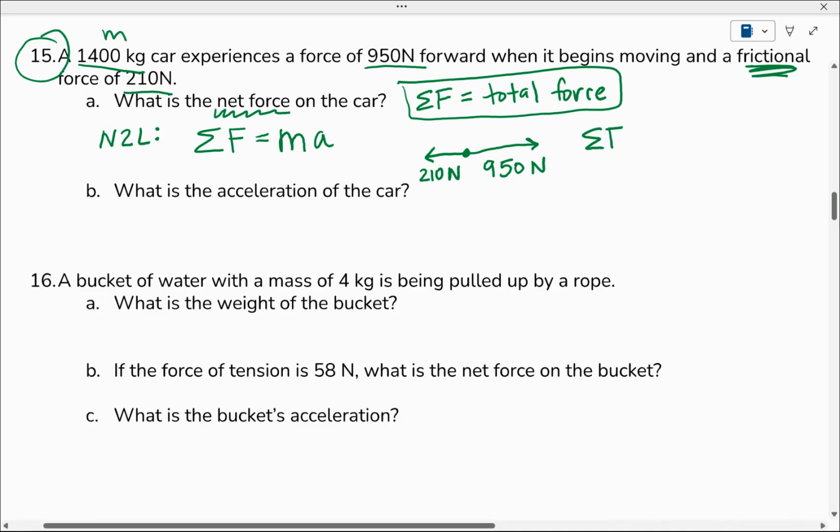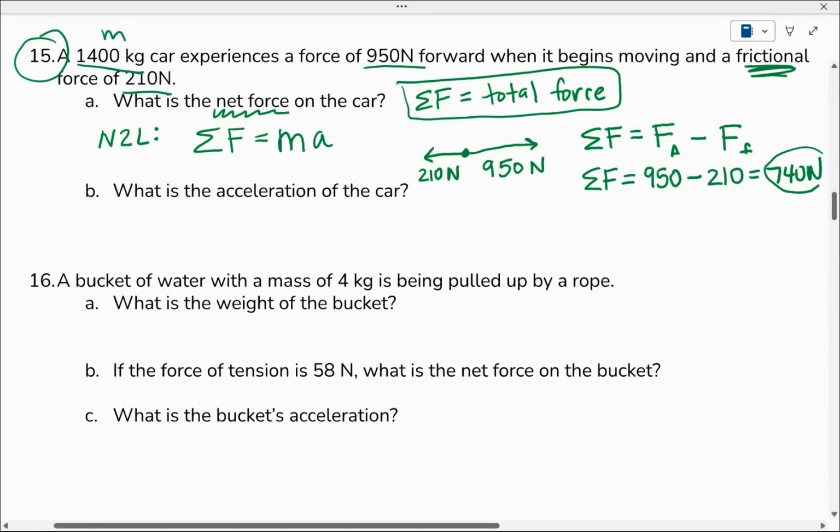So here, one way we can show these steps is to show that the force, we're going to call it an applied force, that 950 minus the friction force. So the net force equals 950 minus 210, and that ends up being 740 newtons. So the net force on the car is 740 newtons.